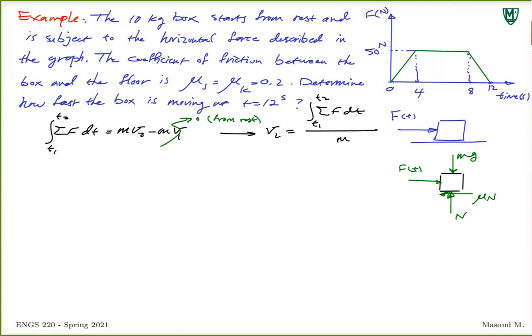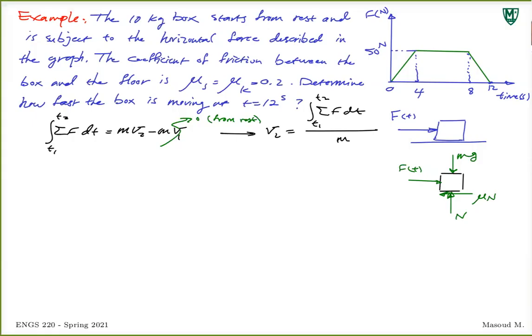There is a period of time when you're pushing the box, but the box is not moving because your force is not strong enough to move it. So you have to find that sweet spot when the box starts moving. And that would be the time when your force is equal to the friction force.